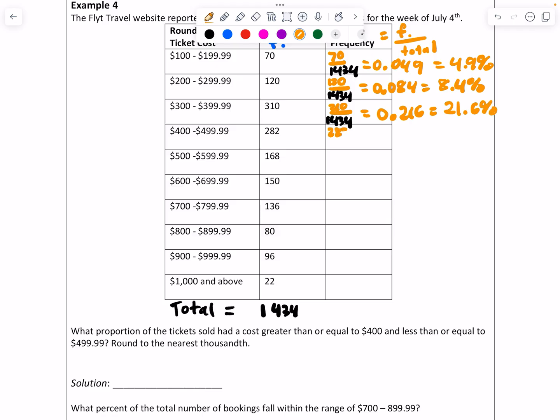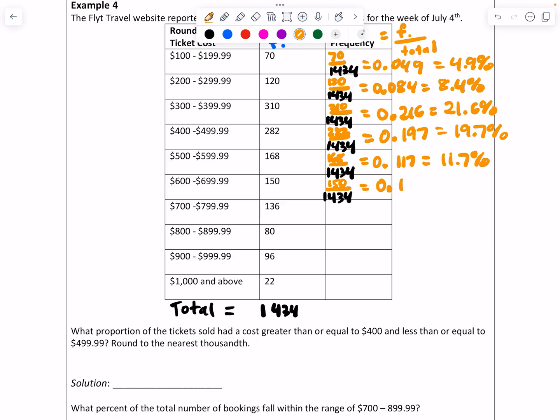Next one, 282 divided by the total is 0.197, 19.7%. The next one would be 168 divided by the total, which is 0.117 or 11.7%. 150 divided by that total, 1,434, would be 0.105 or 10.5%.